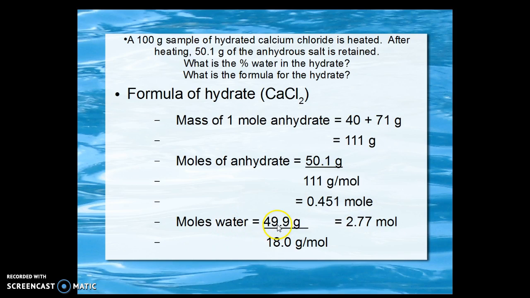To find the moles of water, of course, you divide the mass of water, 49.9, by 18, the molar mass of water, and that gives you 2.77 moles.